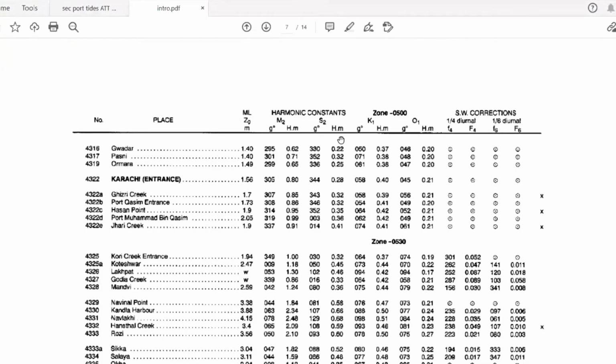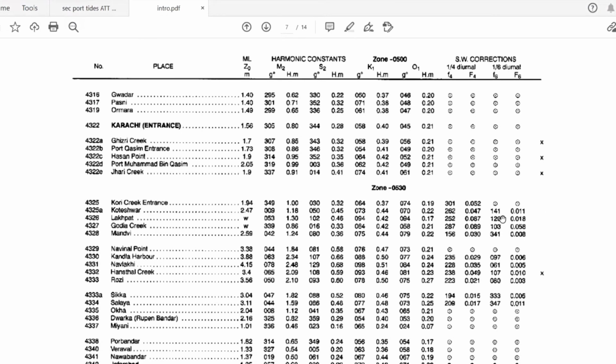This is due to the shallow water and landmass effect. So we will need to take into account in our calculation the M2, S2, K1, O1, F4 and F6 values. You can see that small f4 is shown in degrees and capital F4 is shown in numerals.